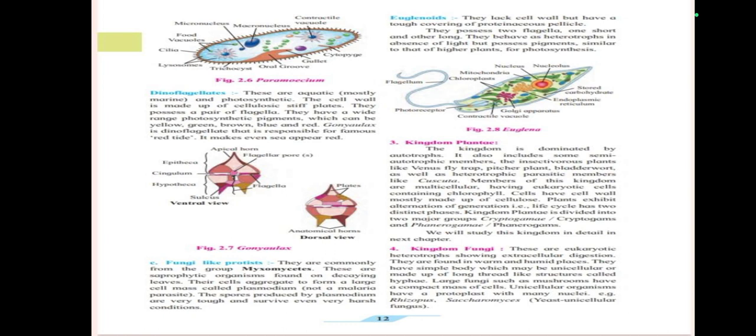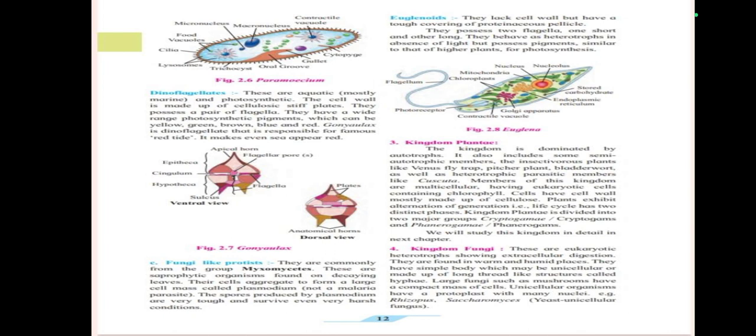Alternation of generation, that is the life cycle, has two distinct phases. The kingdom Plantae is divided into two major groups: cryptogams and phanerogams. We will study this kingdom in detail in the next chapter.